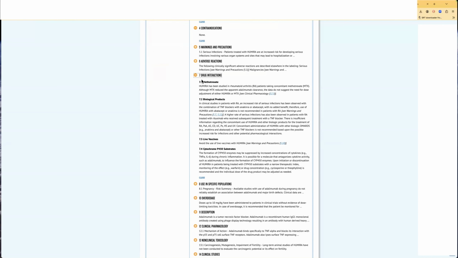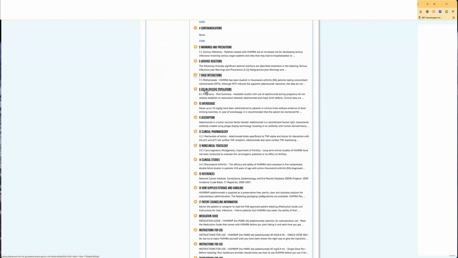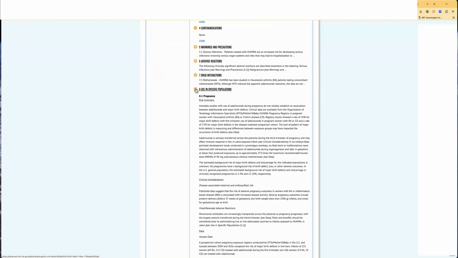It doesn't just give us which drugs, it also gives us enough explanation that is provided by the manufacturer of this drug.